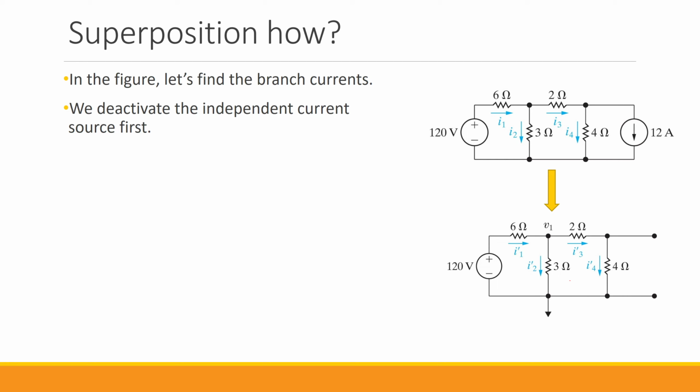If you remember from a previous video, we said that for a current source, deactivation means making it zero. For the current source, that is equivalent to an open circuit.